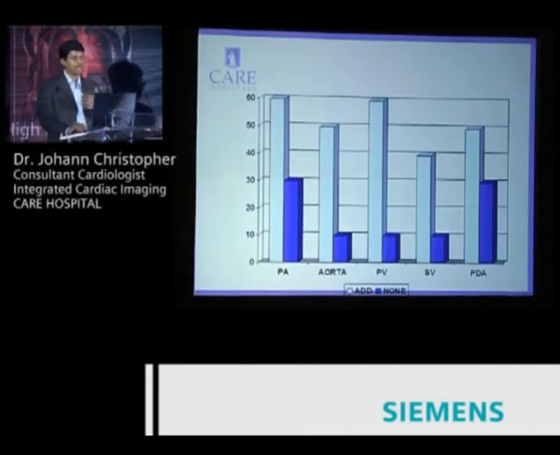So there's a significant add-on value when you add an MR or CT in this particular population, especially very distinctly in pulmonary venous and systemic venous abnormalities.